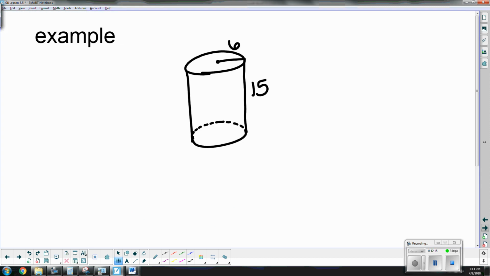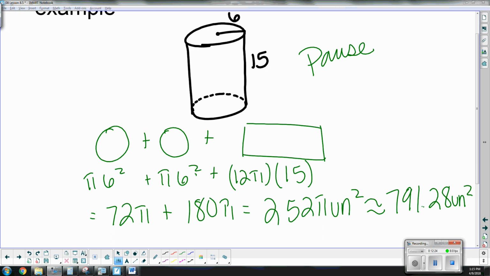All right, try this one. You can pause the video while you work, and then you can unpause for the solution. All right, so here's our cylinder, and in this case, we're given the radius. So we have two circles that are exactly the same. Pi times radius squared is the area of each of those circles. So that adds up to 72 pi.